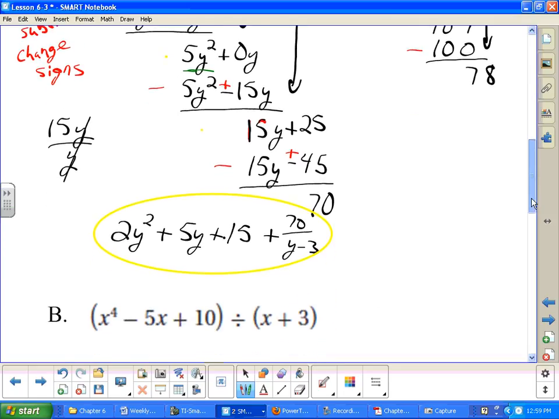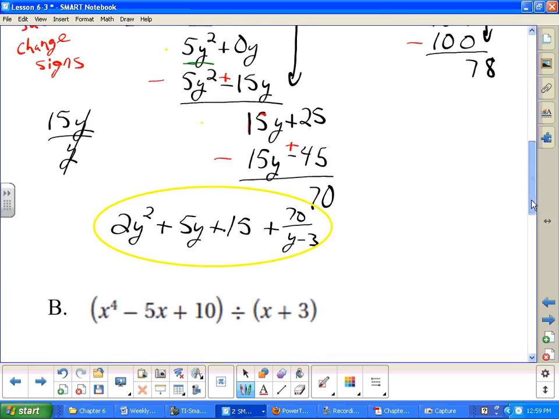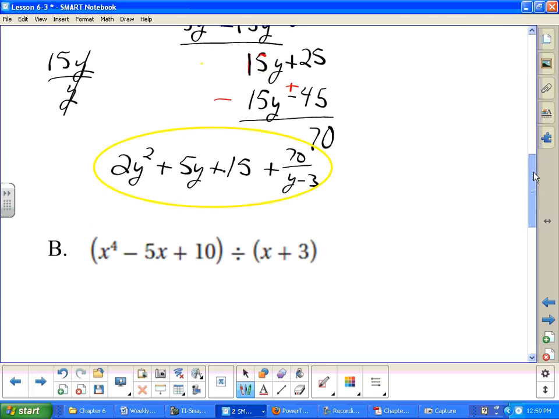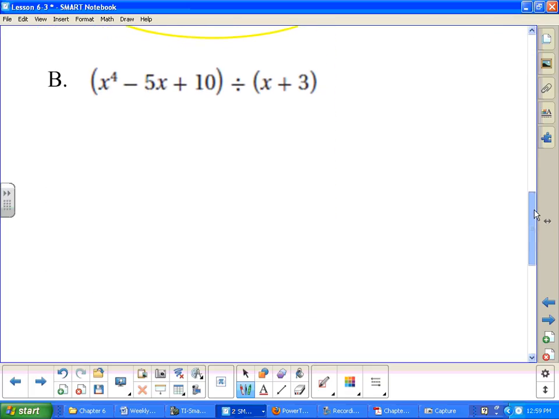All right, so let's look at another one. Okay, so here we have x to the 4th minus 5x plus 10 divided by x plus 3. So we're missing two terms then, right?